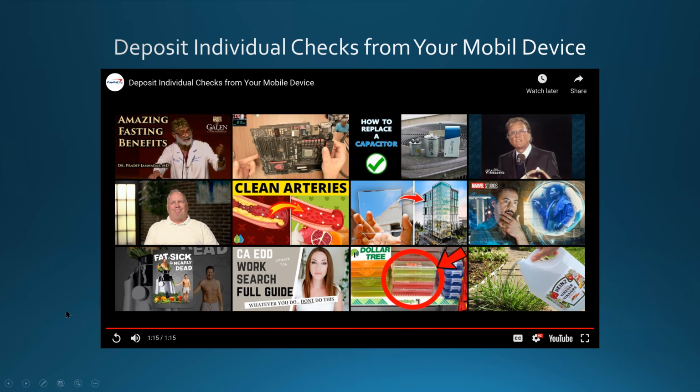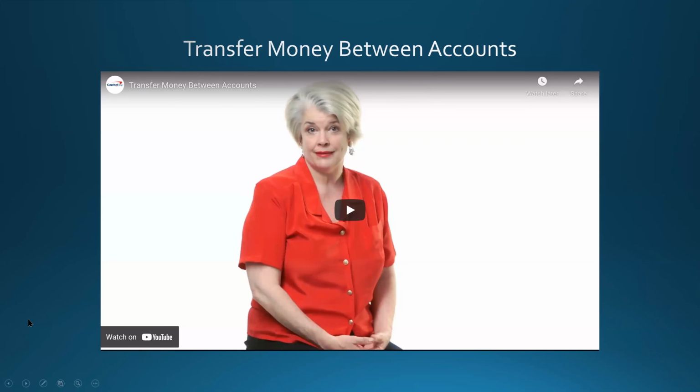Now, we'll go on to the next, which is transferring money between accounts. Can you think of why you would need to transfer money between a checking and a savings account? Perhaps you are low on funds in your checking account and need to put some from savings into checking so that you don't overdraft.